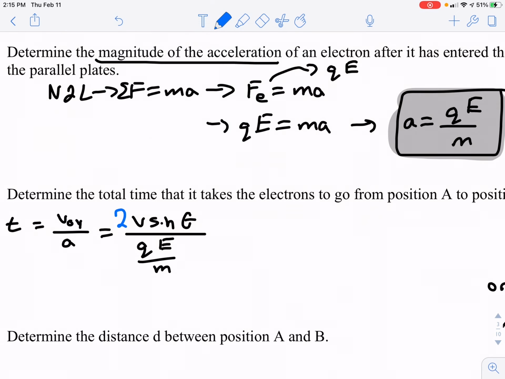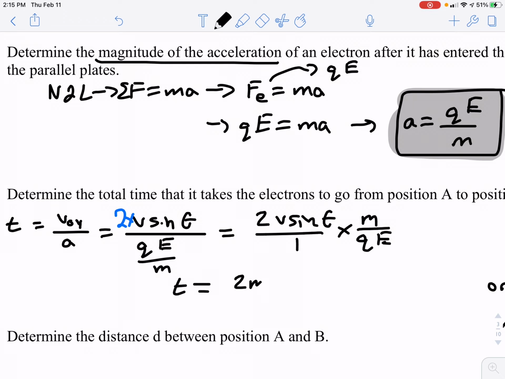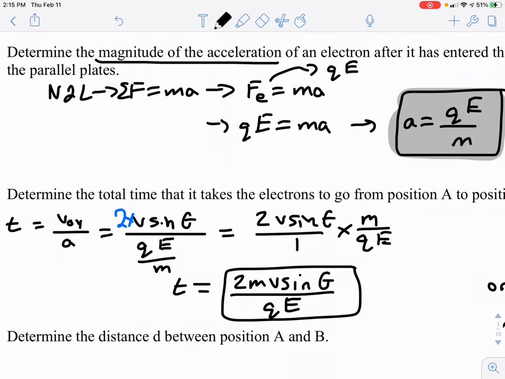Just to clean it up a bit, this is the same as 2v sine theta over 1 times mass over qE, which would simplify to 2mv sine theta over qE.